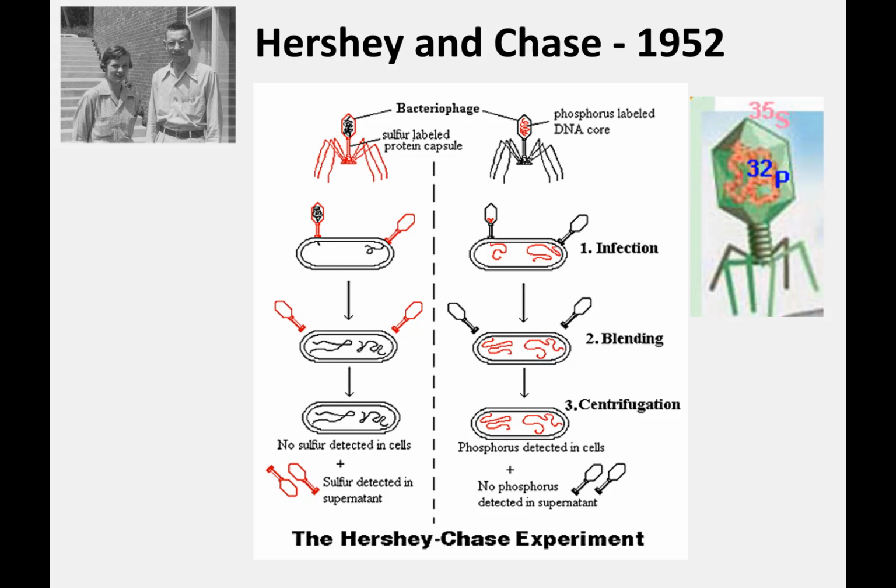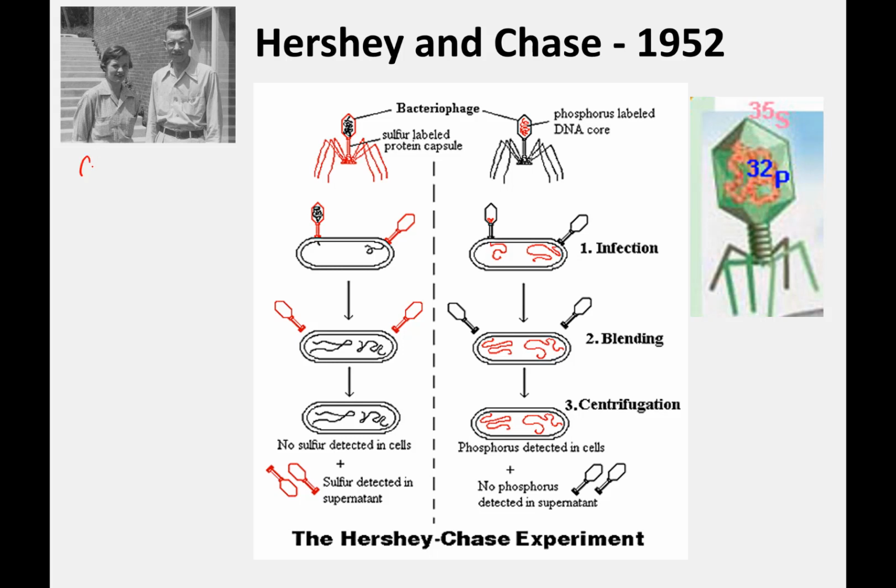You've probably heard about the classic Hershey and Chase experiment. So now we're jumping 50, 60 years, where they wanted to determine, do viruses have DNA like cells as genetic material?